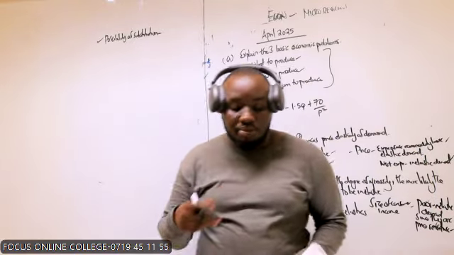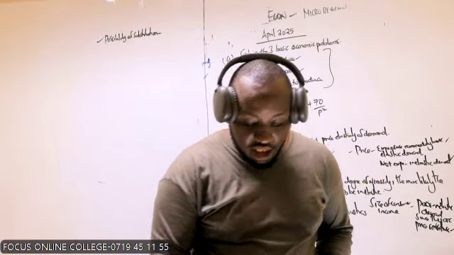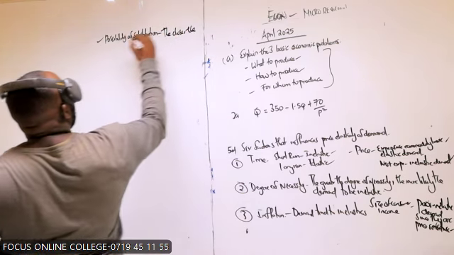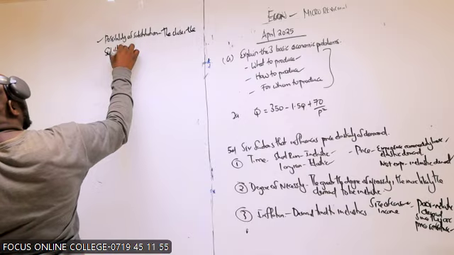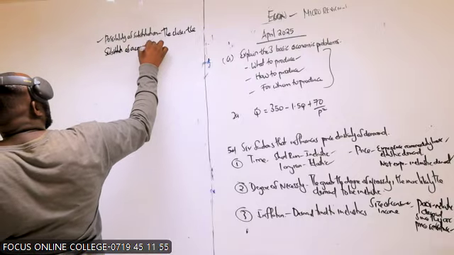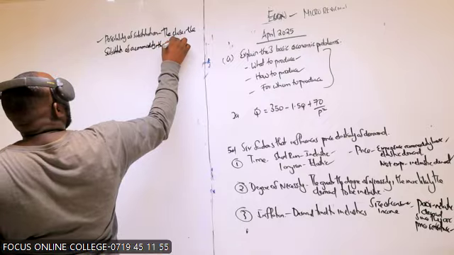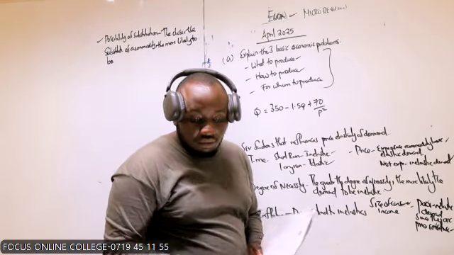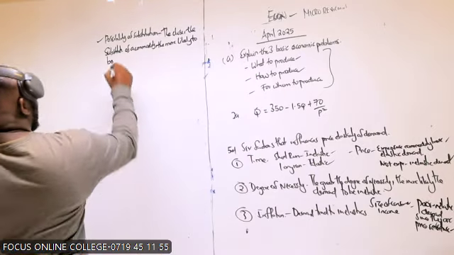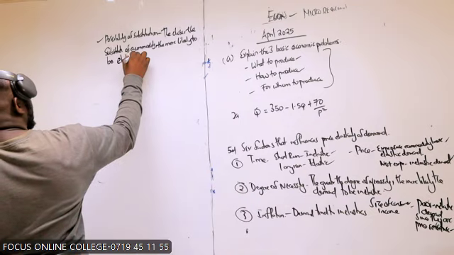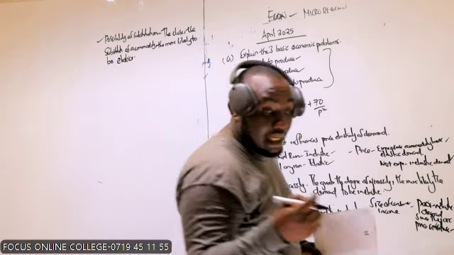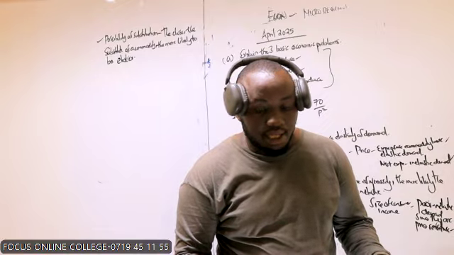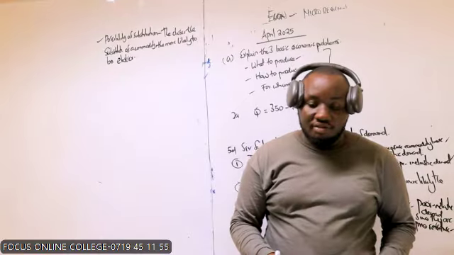When you talk about possibility of substitution, you're basically saying that the closer the substitute of a commodity, the more likely the demand is to be elastic.